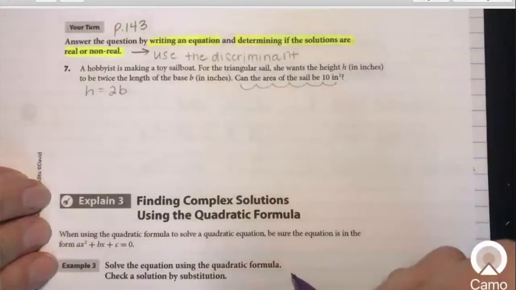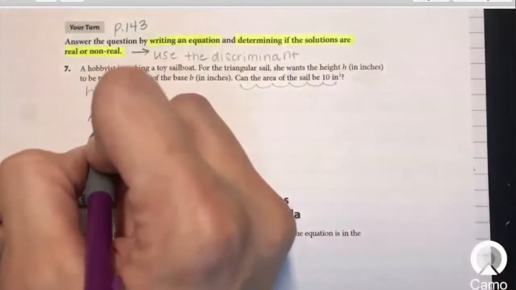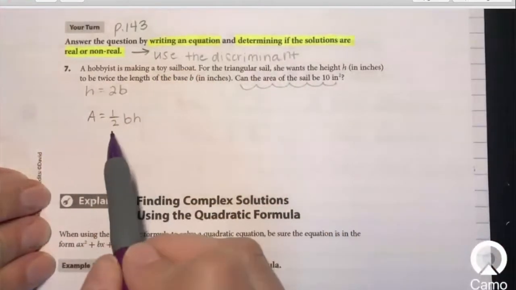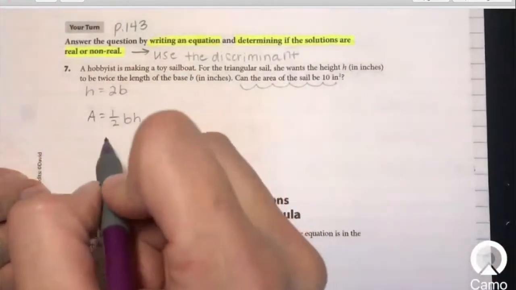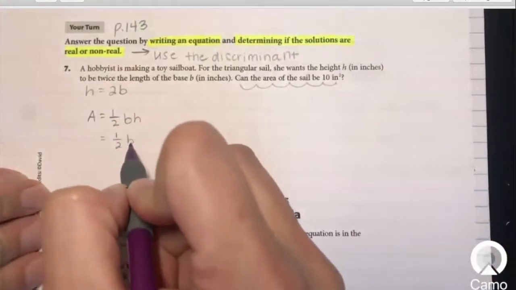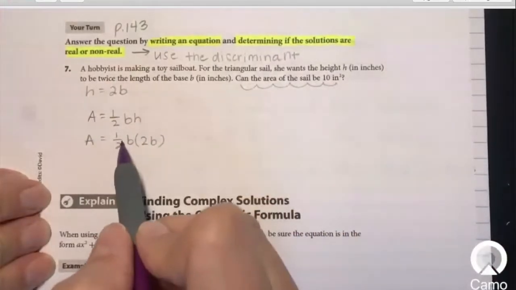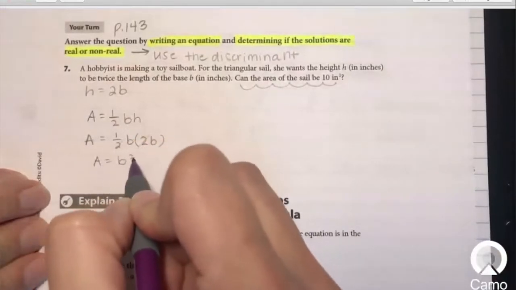And we know that the area of a triangle is equal to 1/2 base times height. So we'll substitute our h with 2b. The 2's will cancel out and we're left with area equals b squared.